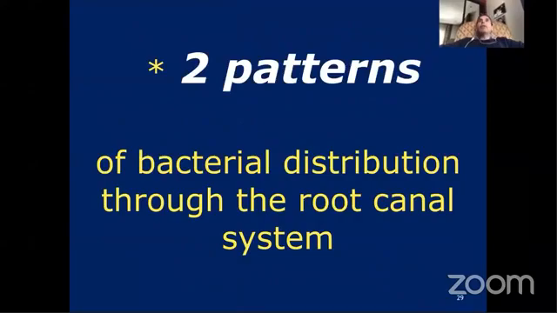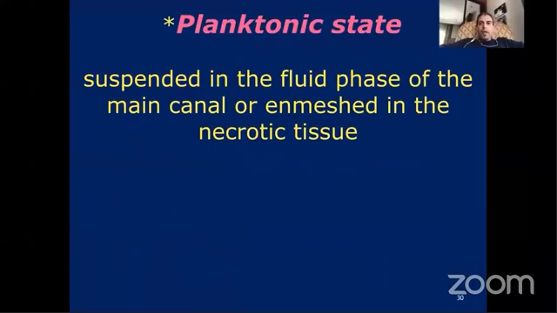If we want to categorize the bacteria inside the necrotic pulp space, we have two patterns of bacterial distribution through the root canal system. First is the planktonic state, which is bacteria suspended in the fluid phase of the main canal or enmeshed in the necrotic tissue.